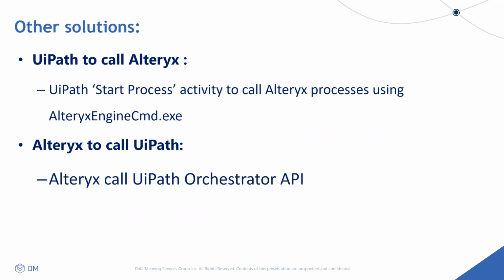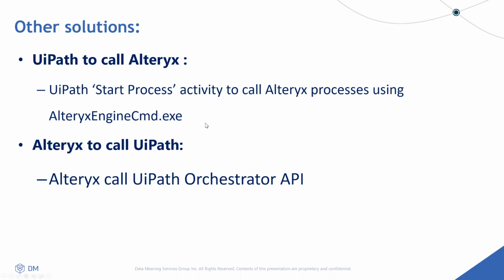You may wonder: when we go from UiPath to Alteryx, we leverage the API, but in the opposite direction, using Alteryx to call UiPath, we leverage an executable, right? But in fact, we can leverage both. When we use UiPath to call Alteryx, you can also use the command line.